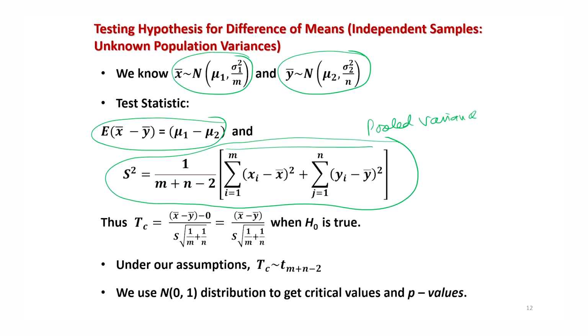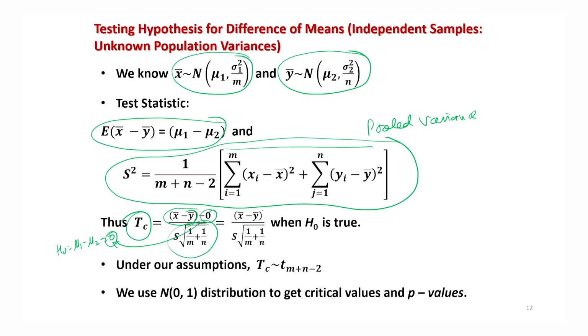Right. Now based on that, we try to construct the test statistic, which is here like this, TC. So once again, I had the null hypothesis mu1 minus mu2 equal to 0. So we write down TC as x bar minus y bar minus 0, this 0 is coming from here, right, divided by the standard error, which is here like this.